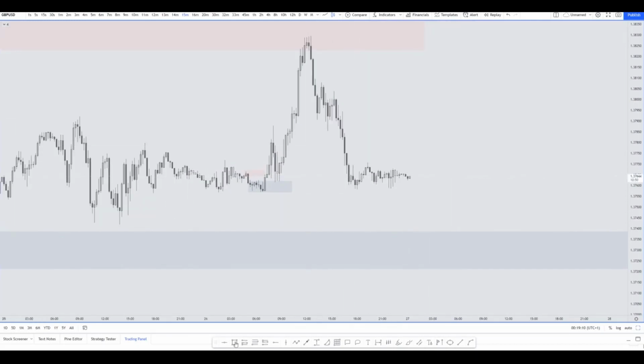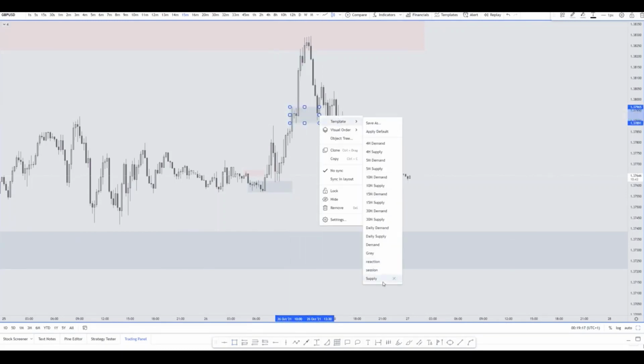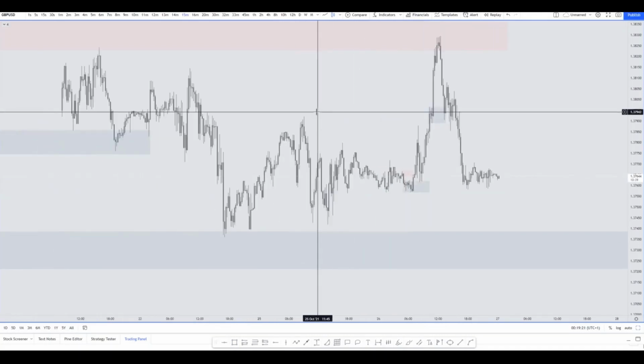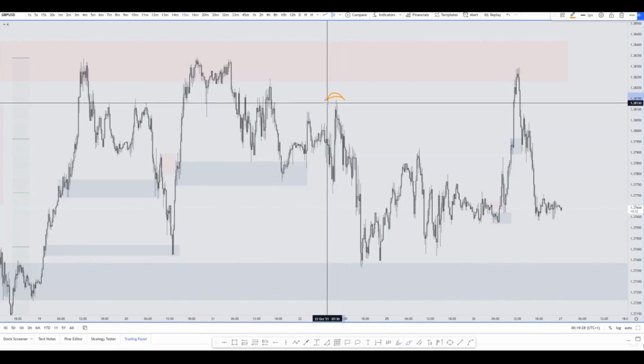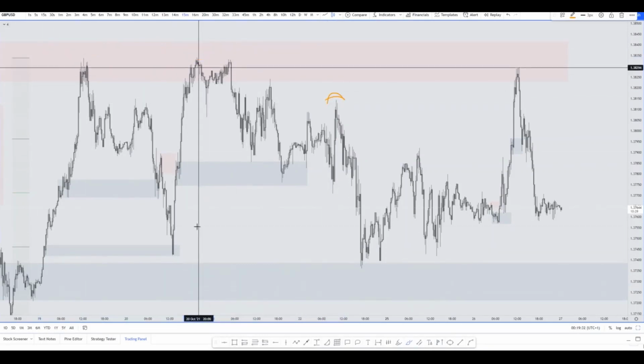For example, here we have a demand zone that went on to create a new high. You would think this is a strong demand, but if you actually zoom out and look, it took this 15 high, but it never created new higher time frame market structure.